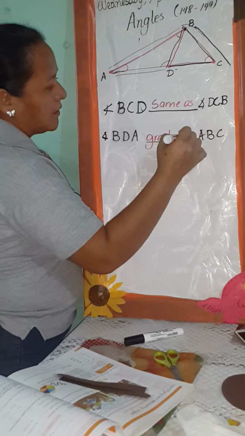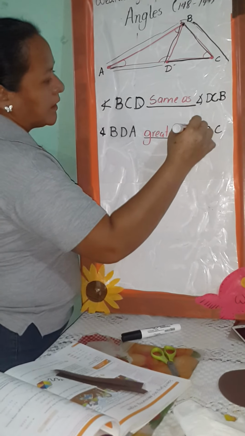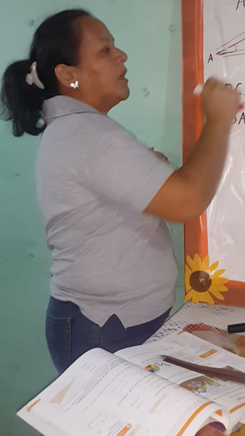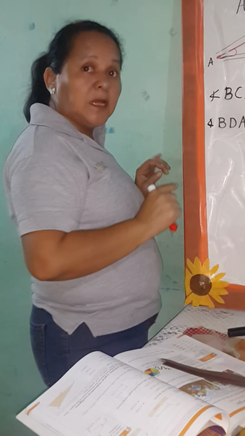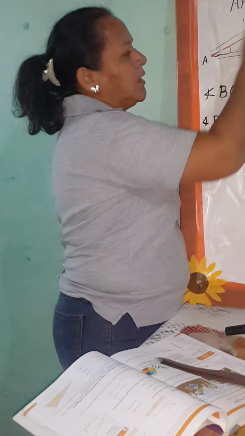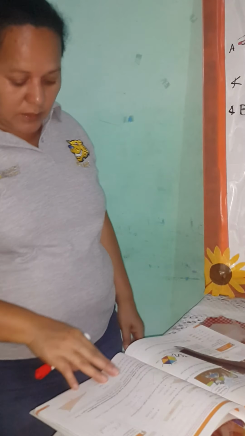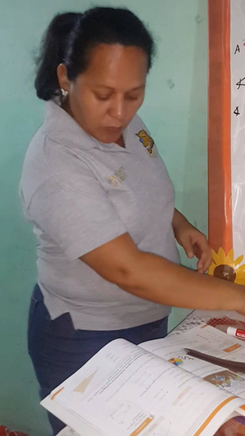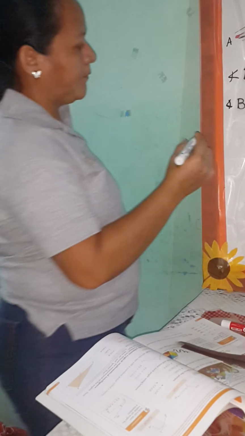Why greater than? Well, in the other class I'm going to explain why. Because you're going to say, but Miss, this is smaller and this is longer. Yes, but in the other class I'm going to explain why I'm saying that this one is greater than the other.